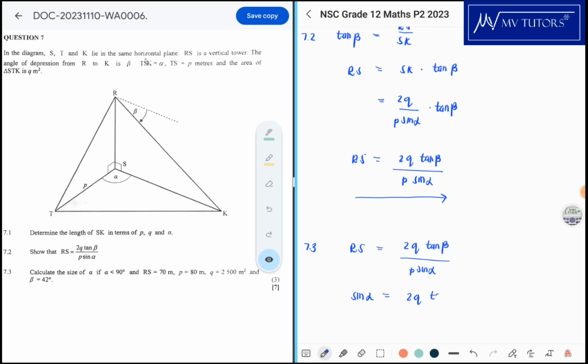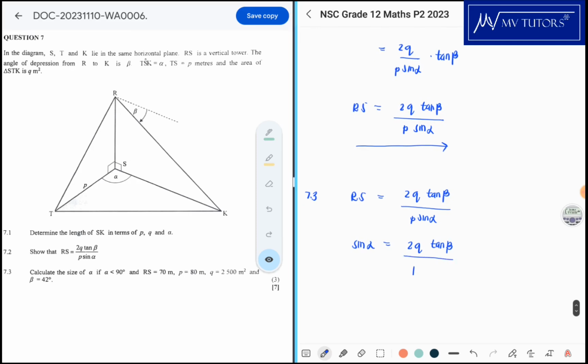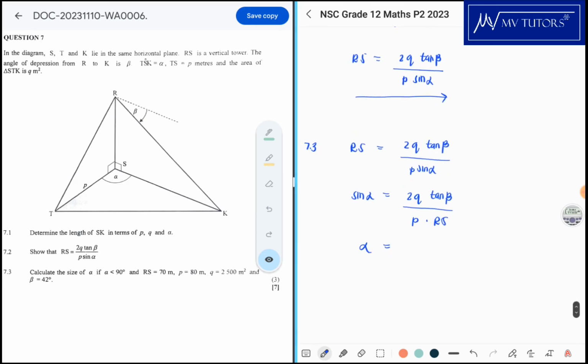So I have 2Q tan beta divided by P times RS. Then, because we want the size of alpha, it will be arc sine of all of that: 2Q tan beta over P times RS.